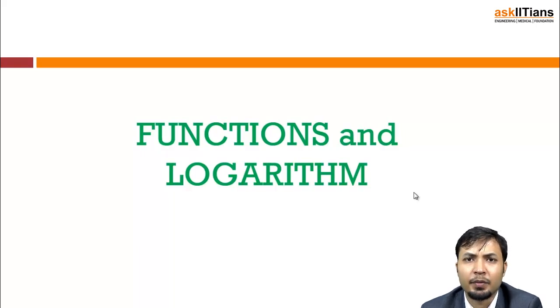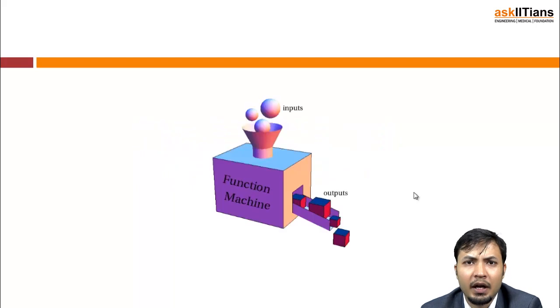In this chapter, we'll be studying functions and logarithm. Now, up till now, what do we know? Till now, you must have studied so many variables with constants in chapters like linear equation, quadratic equation, and in different forms of algebra. Now, the composition of variables with constants gives us a unique feature.